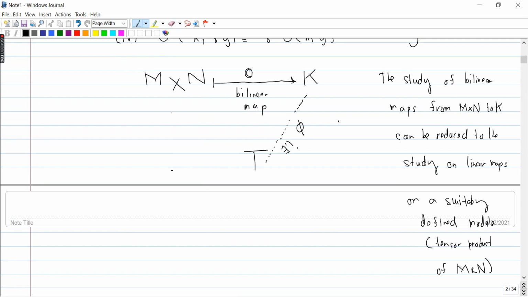And we will also see that there exists a natural map from M cross N to K, let's say it is equal to F. So this map would be a natural map.